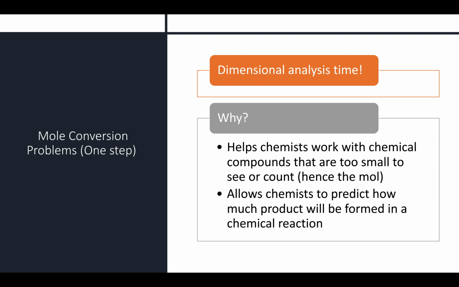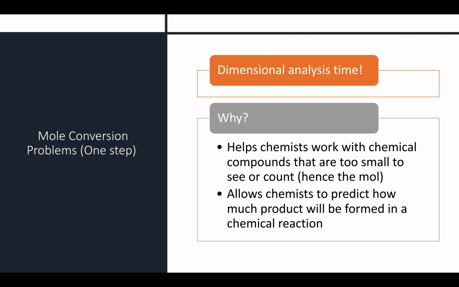The reason we use dimensional analysis to convert between the different units we've been talking about, like moles and grams, is because it helps chemists work with and manipulate compounds that are too small to see or count. That's why the mole was created, which we talked about a couple weeks ago, because it specifies a particular number of atoms and allows us to know exactly how many atoms we have in a compound.